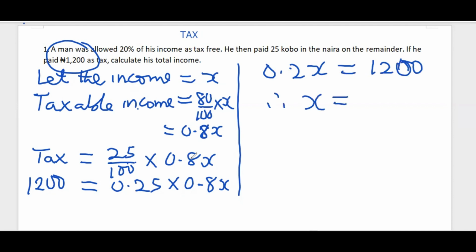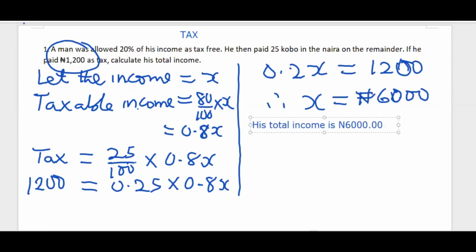If you divide 1,200 by 0.2, you will get 6,000. So you can then make your conclusion and say the total income is 6,000 naira.